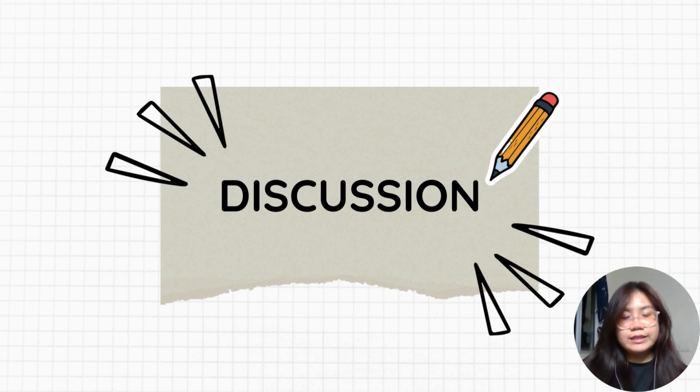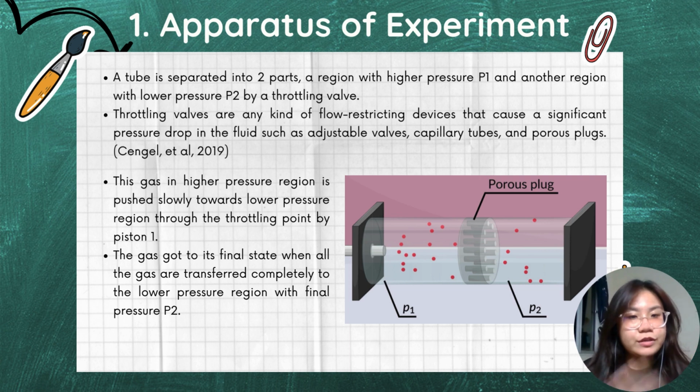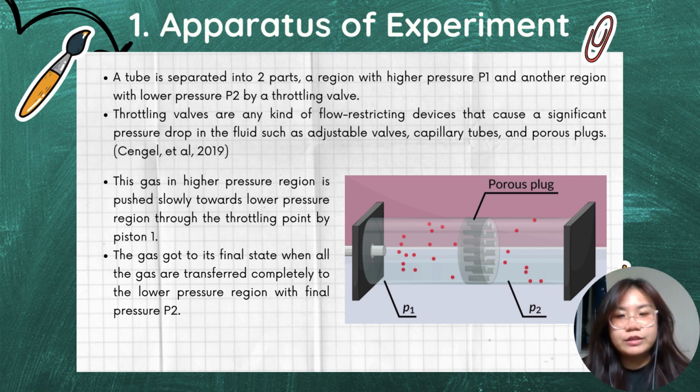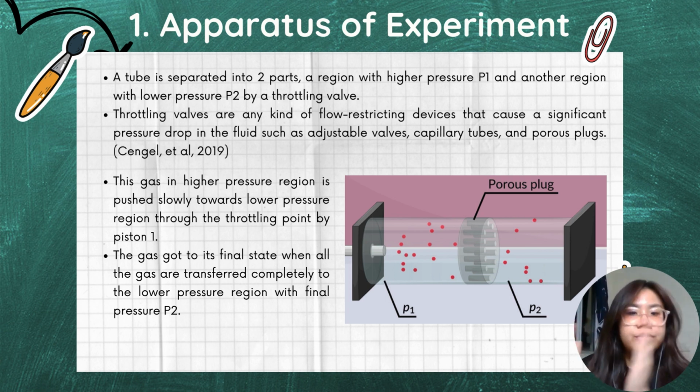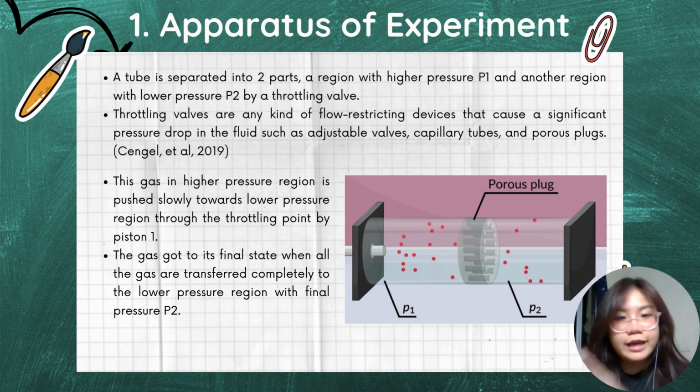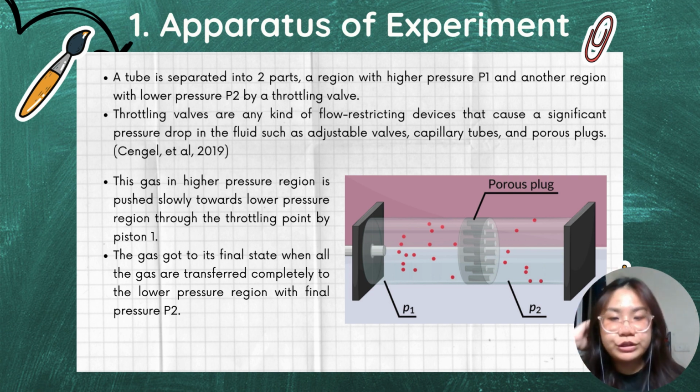Next, we're going to look into the discussion part of this experiment. We're going to discuss some issues in this experiment. First of all, we're going to talk about the apparatus. The tube in this experiment is separated into two parts, a region with higher pressure P1 and another region with lower pressure P2, by a throttling valve in the middle.